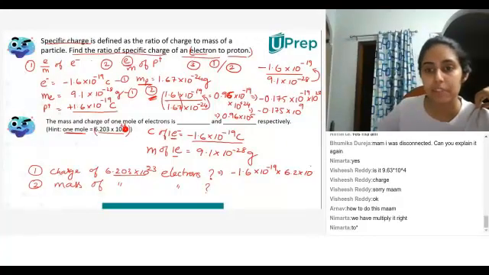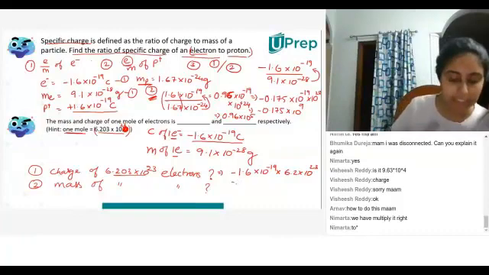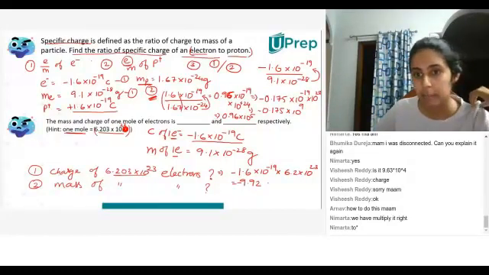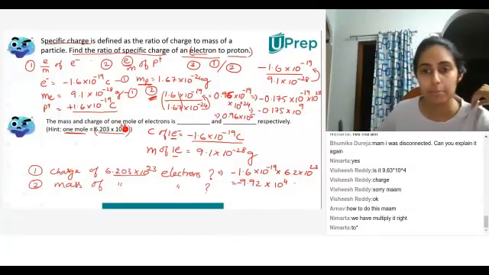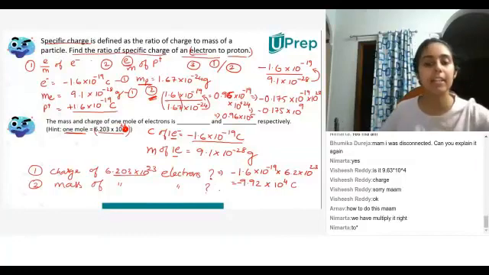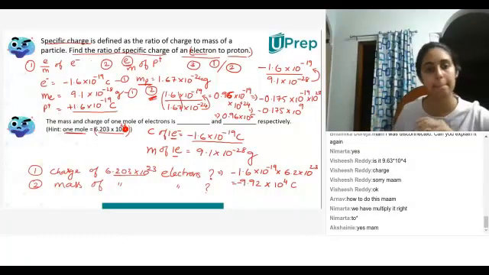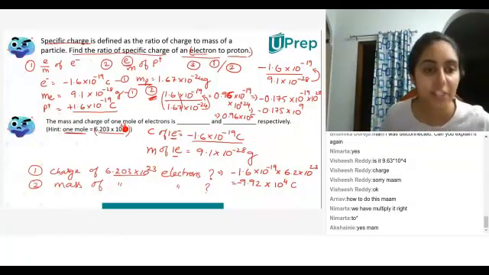So what will I get? 1.6 multiplied by 6.2, I'll get 9.92 with a minus sign, multiplied by 10 to the power 4 coulombs. Did everybody understand this? Yes, you have to multiply it, Nimarta.